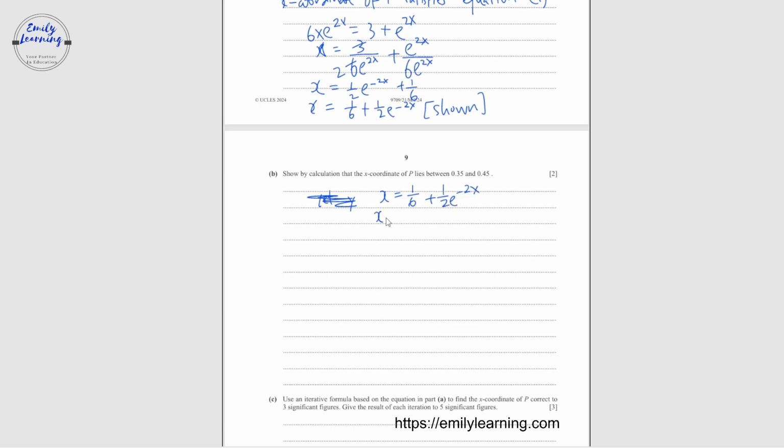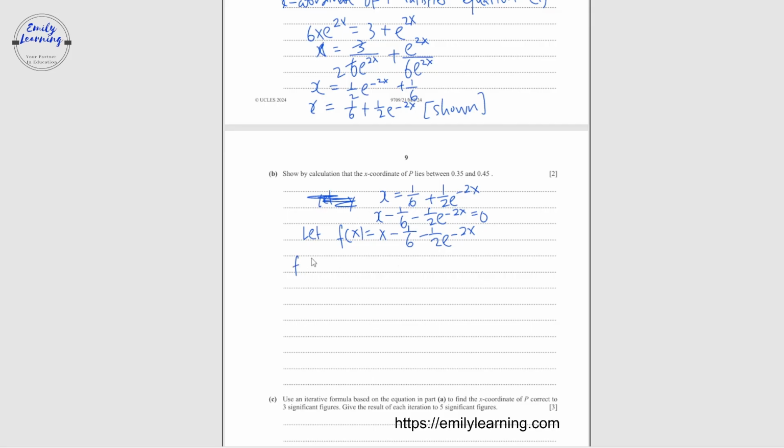Then let me call it this way. I will let f(x) be equal to x minus 1 over 6 minus half e to the power of minus 2x.